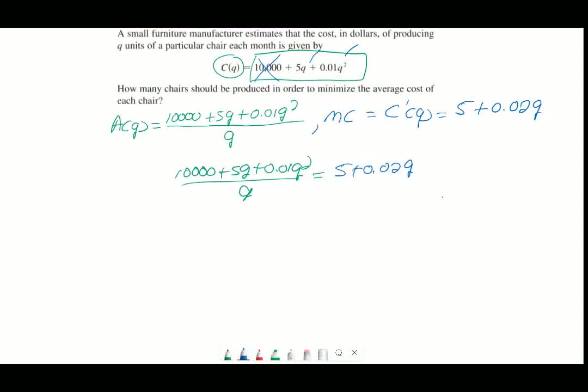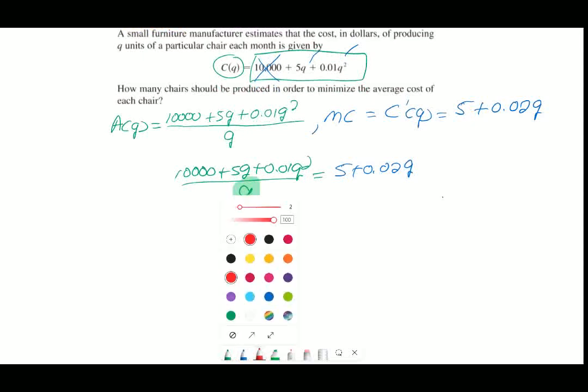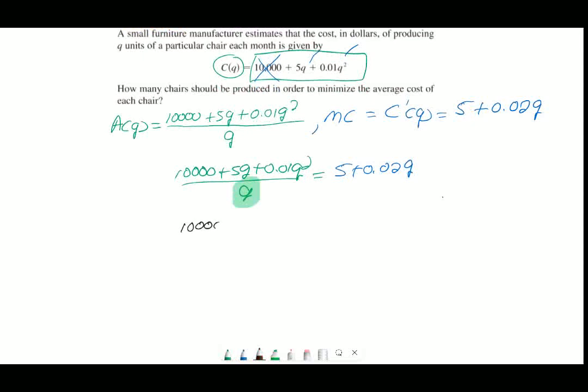And what I'm going to do is multiply both sides by Q to clear that fraction. I'm just going to write everything in black now. And I have 10,000 plus 5Q plus 0.01Q squared equals 5Q plus 0.02Q squared.